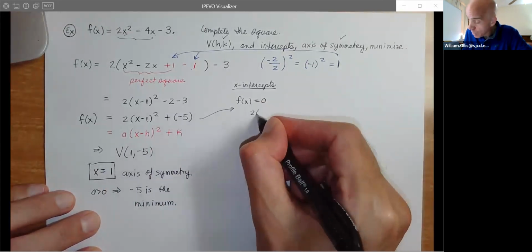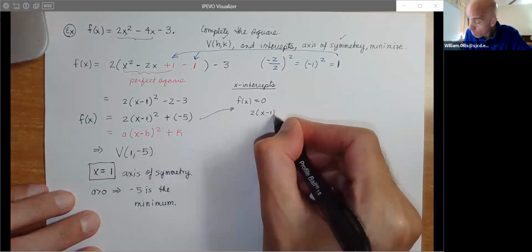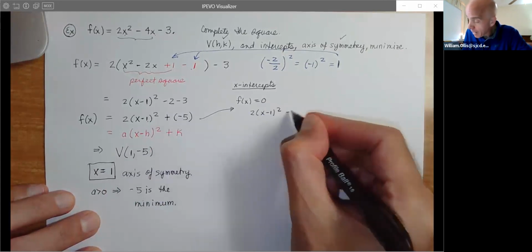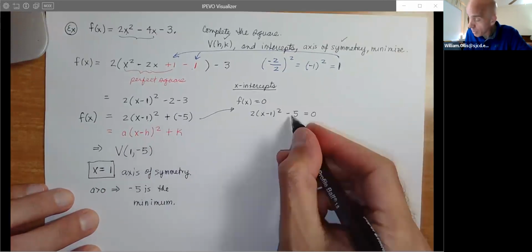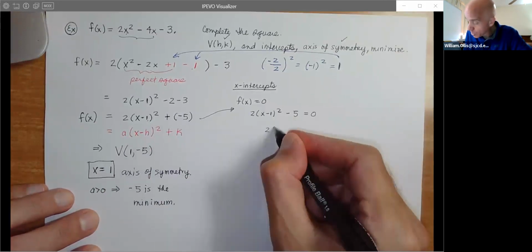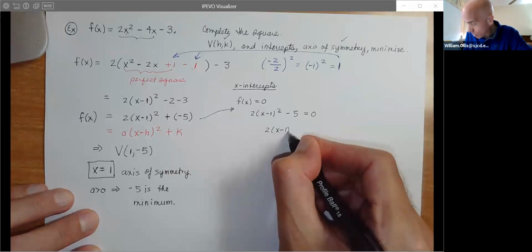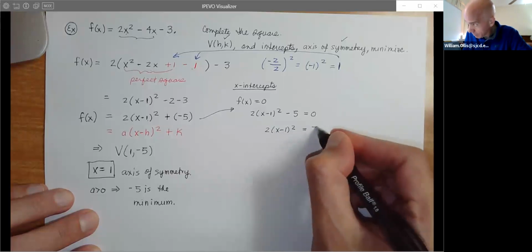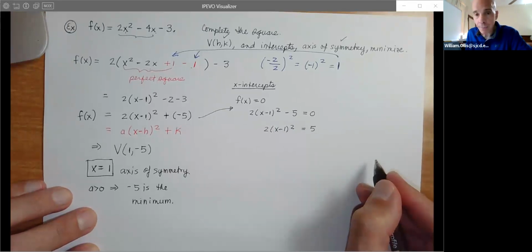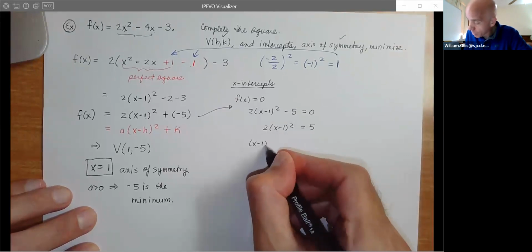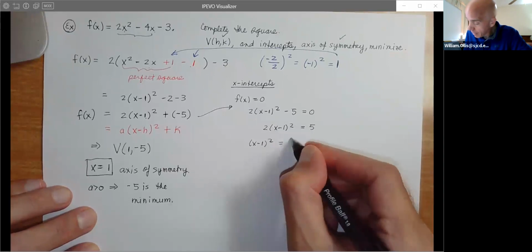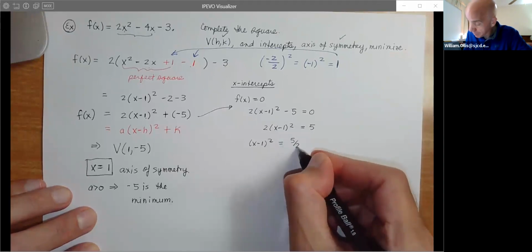So we have 2 times x minus 1 quantity squared minus 5 equals 0. So let's subtract 5 from both sides: 2 times x minus 1 quantity squared equals 5. And now divide by 2. X minus 1 quantity squared equals 5/2.